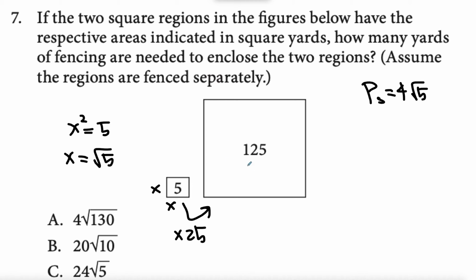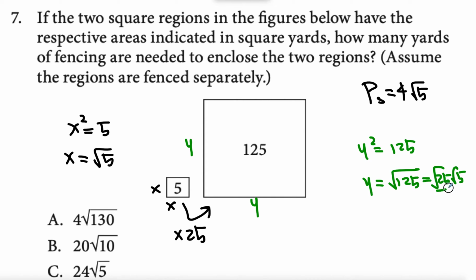How about the bigger square? If I call the side y, you realize that y squared is equal to 125. And y becomes square root of 125, which becomes square root of 25 times square root of 5. But you know what square root of 25 is? That's equal to 5.